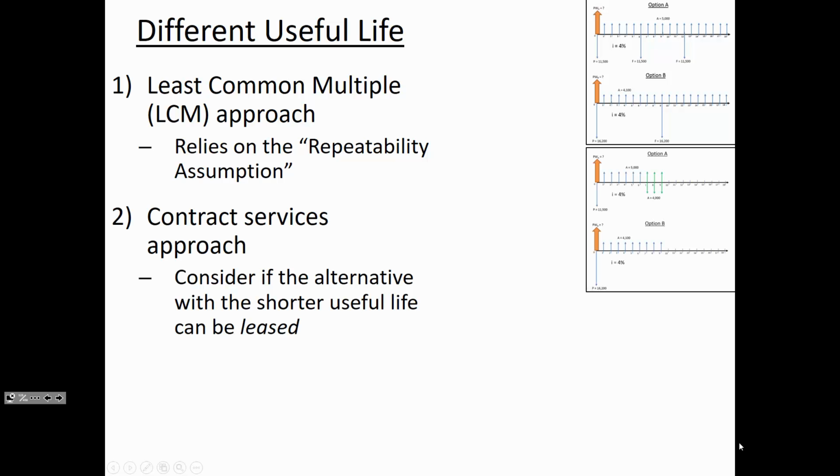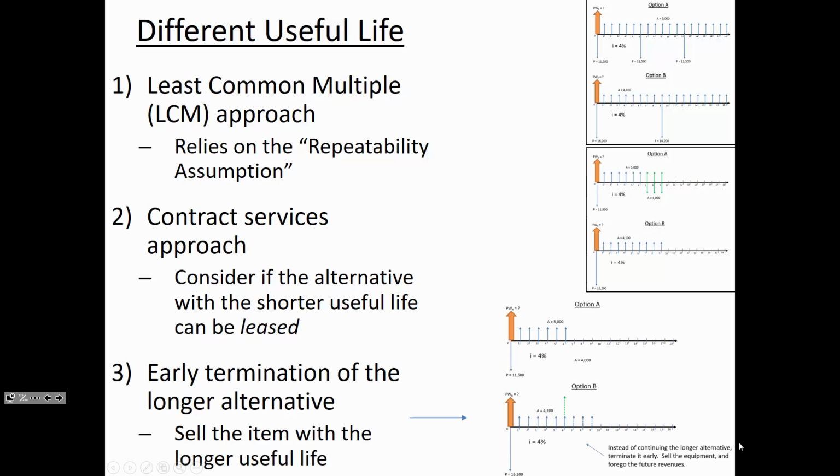Whereas with the contract service approach, what you did instead was find some sort of an option that could be leased or rented. For the shorter one, it was extended. During those years of extension, you have the same revenue as before, but now you're having to pay an additional outflow for the cost of leasing. The third option was to make the longer cash flow diagram, the option that has the longer useful life, terminated early by selling the item.